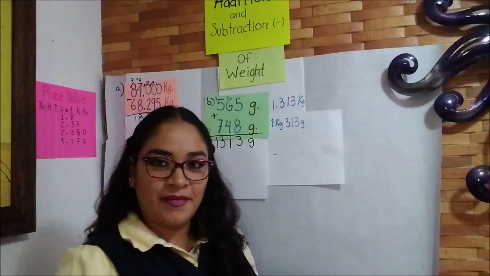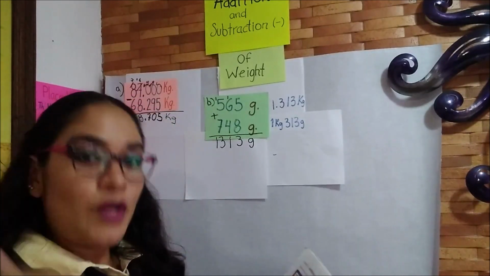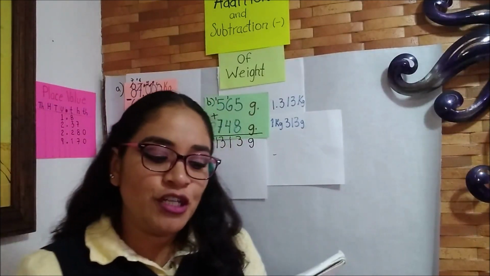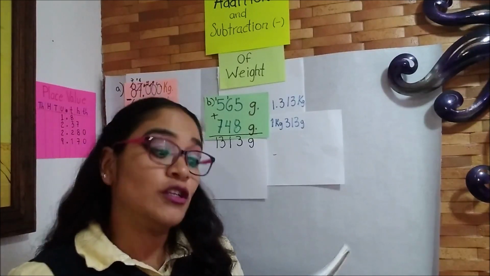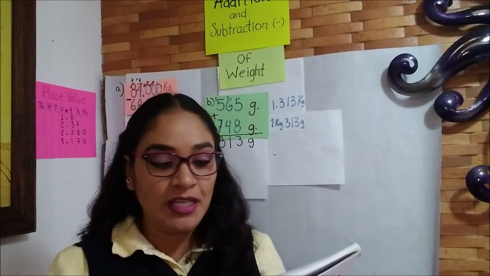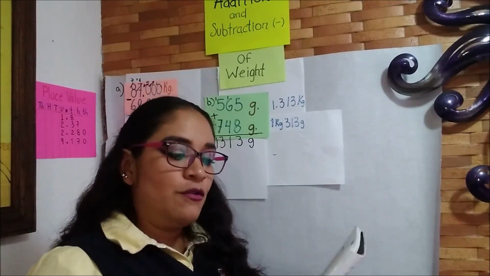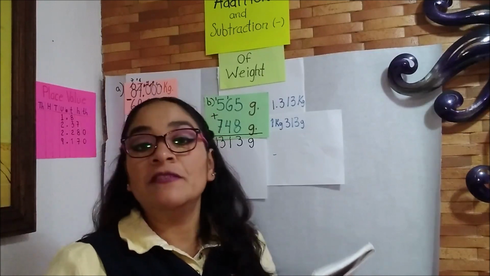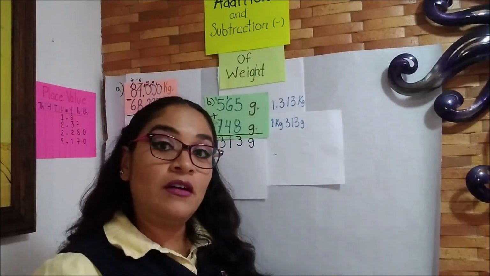Now it's time for problem C. Read along with me. A fisherman catches 2 fish weighing a total of 6 kilograms 346 grams. The heavier fish weighs 3 kilograms 859 grams. What is the weight of the other fish?